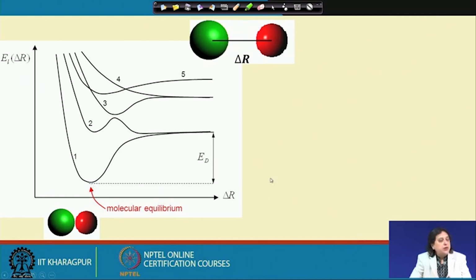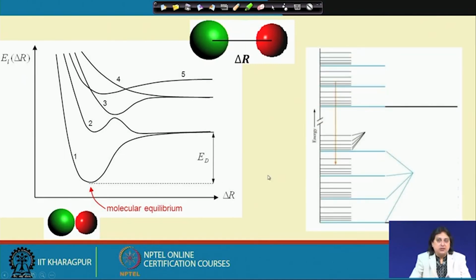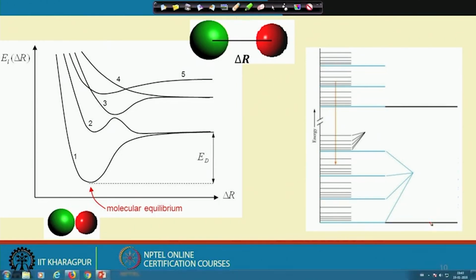Now, if I look back at the very complicated energy level diagram that I had, this is my ground electronic energy state, and it corresponds to this point here, the formation of the stable chemical bond between this atom and this atom. So, this distance is the bond distance.